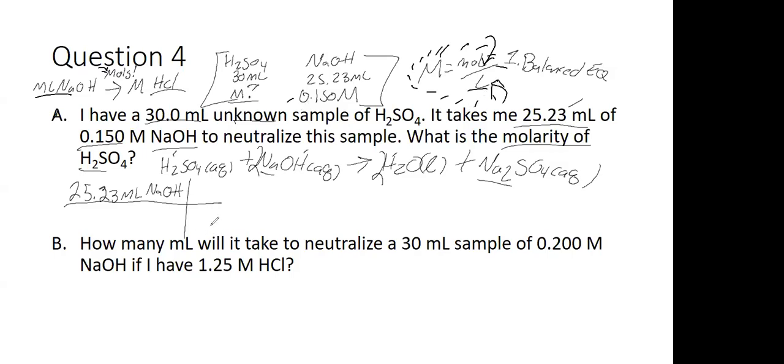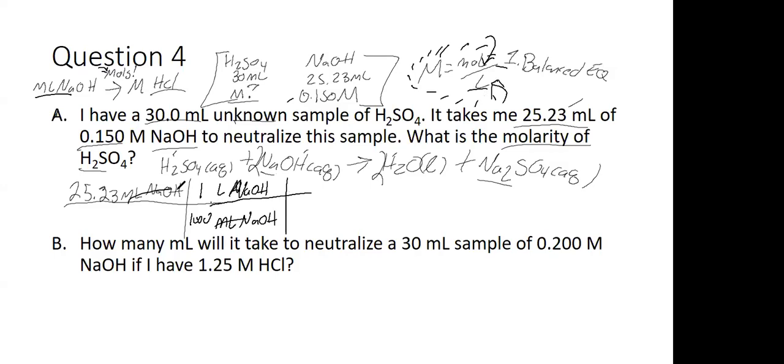So I need to convert between milliliters and liters. Oops, that's NaOH. And when we do that, there are 1,000 milliliters in 1 liter. Milliliters cancel out. Now I'm in liters of NaOH.